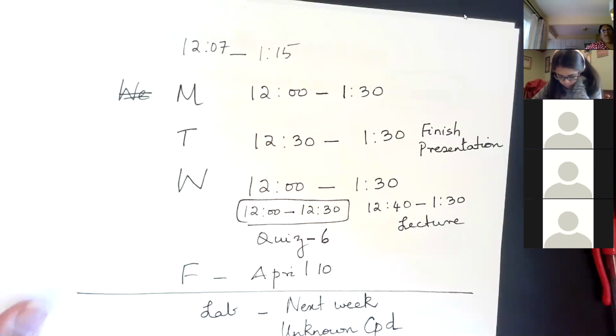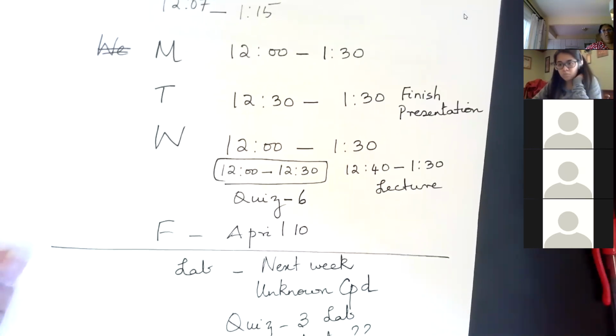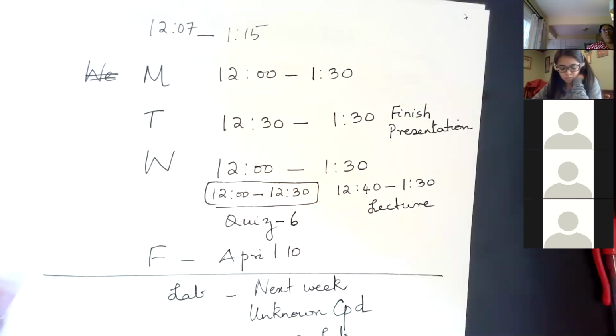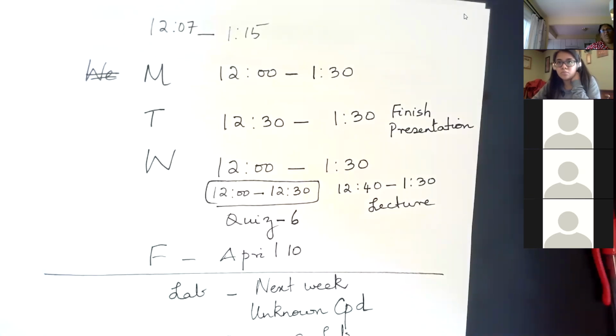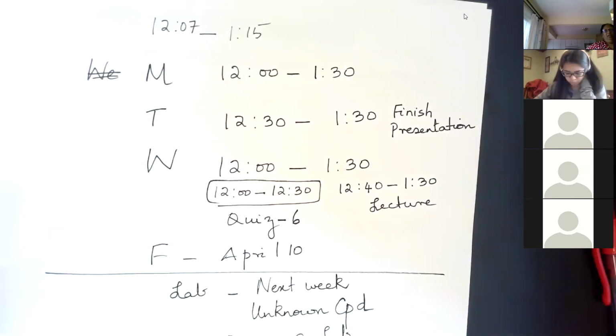Here's what I have for next week. Monday, 12 to 1:30. Tuesday, I'm finishing another class at 12:30, so 12:30 to 1:30 we'll review carbon 13 and any questions you may have from UV, and then I'll finish off that section from carbon 13 at the end.